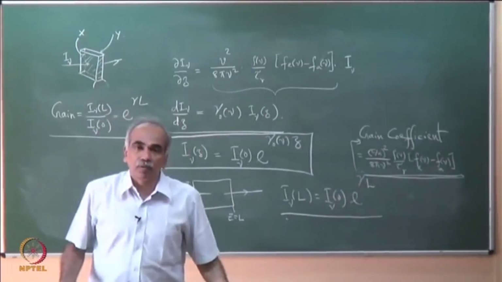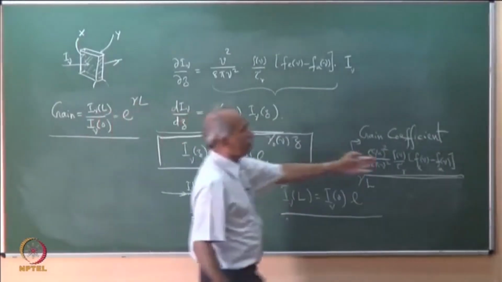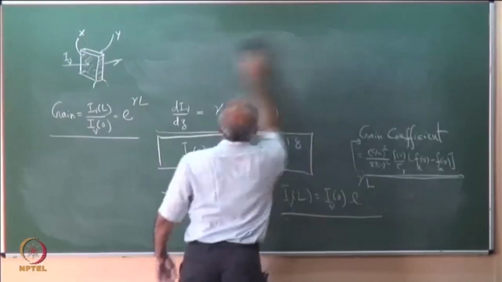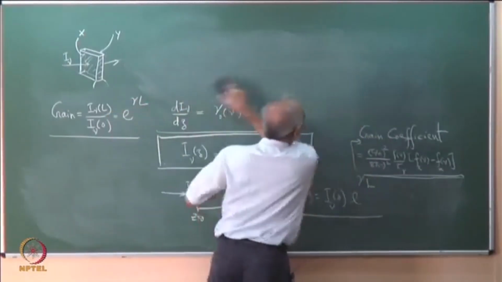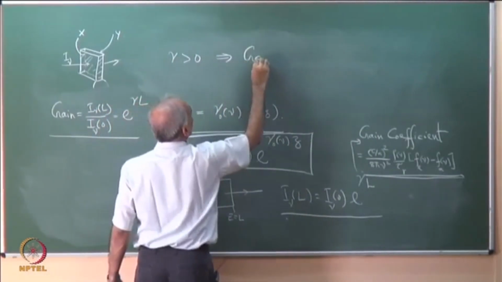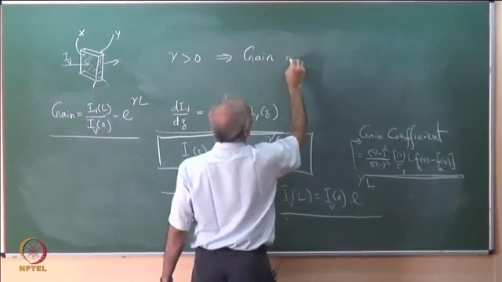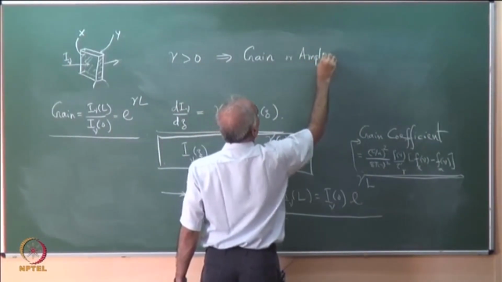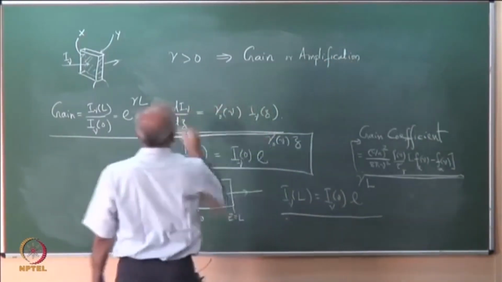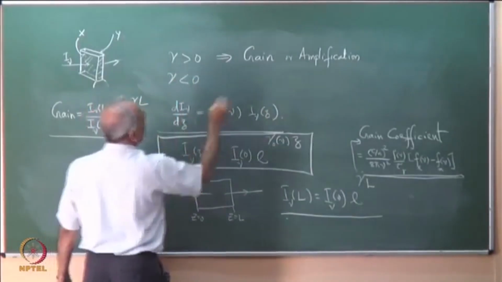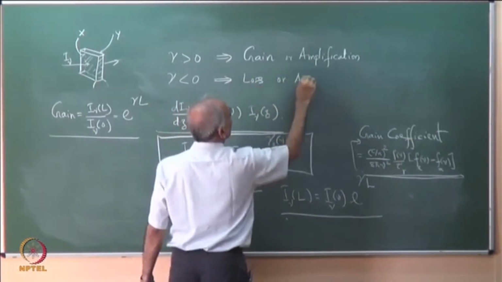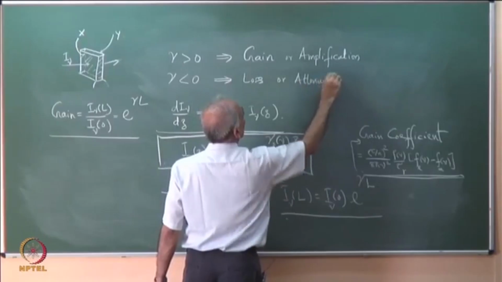And when will that happen? When will probability of emission be greater than probability of absorption? This is the condition that we have already derived, and so gamma greater than 0 implies gain or amplification, and gamma less than 0, that is negative, implies loss, net loss or attenuation.